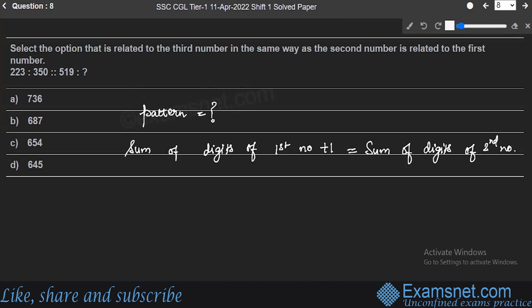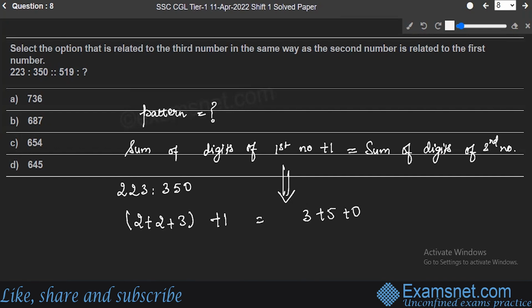So now let's see, the given is 223 in ratio with 350. Let's apply the same logic now. The sum of the digits: 2 plus 2 plus 3 plus 1 is equal to 3 plus 5 plus 0, right? This is 4 plus 3 plus 1, that's 8 is equal to 8, which is correct.